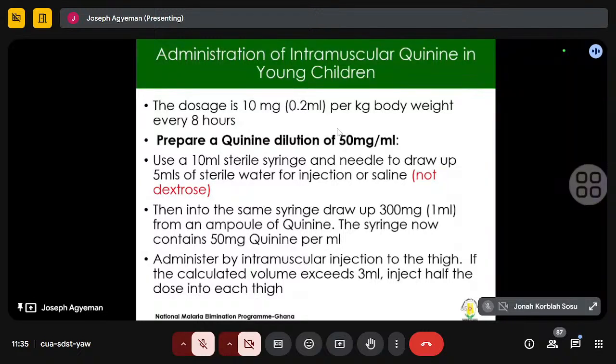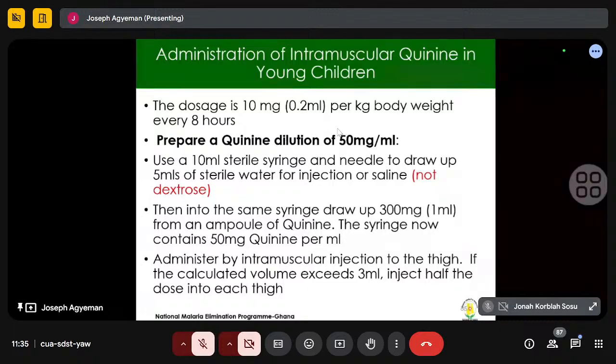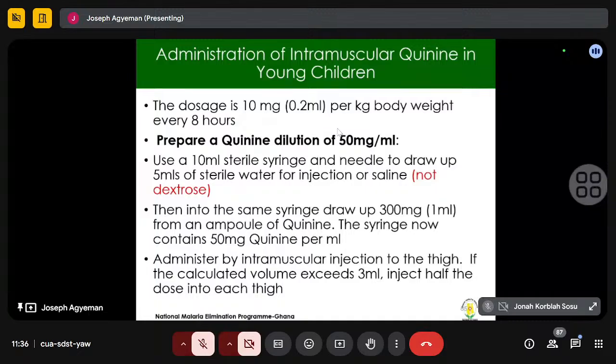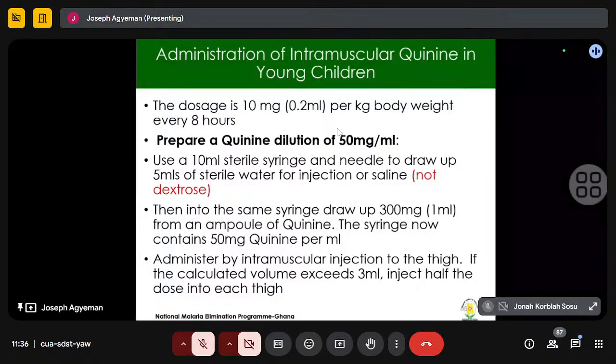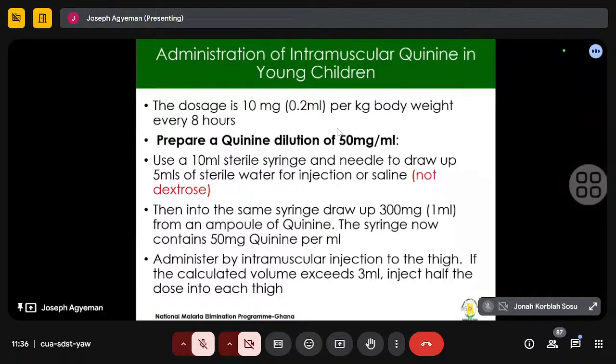All right. So key things for quinine. Quinine should never be given undiluted because it can cause hypotension. For IV quinine, it is okay to use a dextrose-containing agent since you are going straight into the bloodstream. There will be no issues with muscle injury.